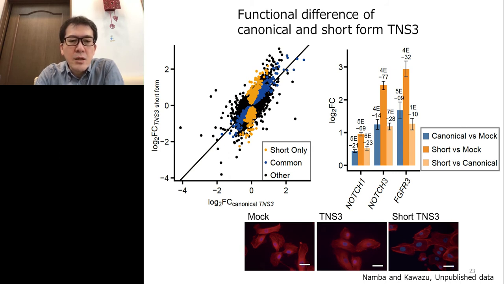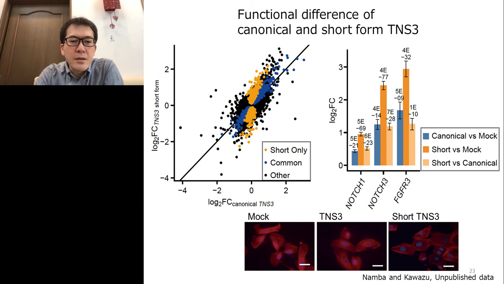Gene ontology analysis revealed that several features associated with cell adhesion were affected by both short form TNS3 and canonical TNS3.